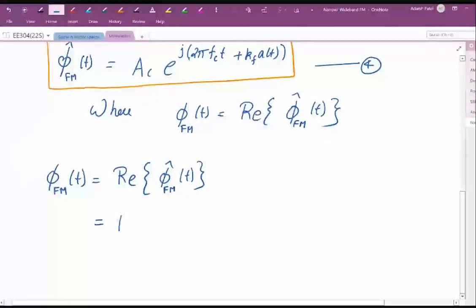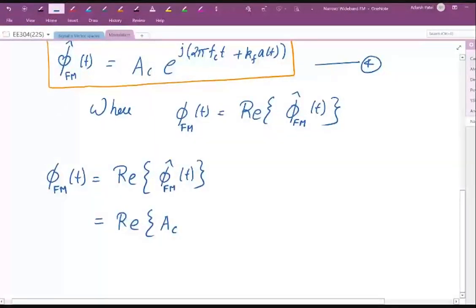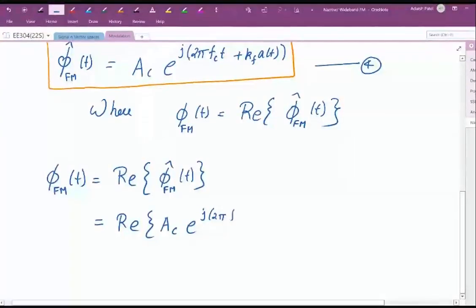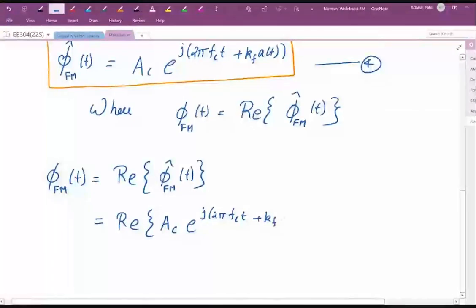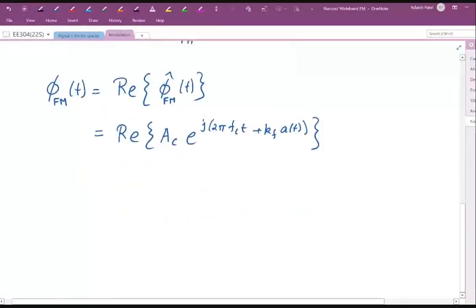We will get the real part of, putting phi fm hat(t) inside, AC e to the power j (2 pi fct plus kf a(t)). Now I want to separate the carrier frequency component from the remaining terms.